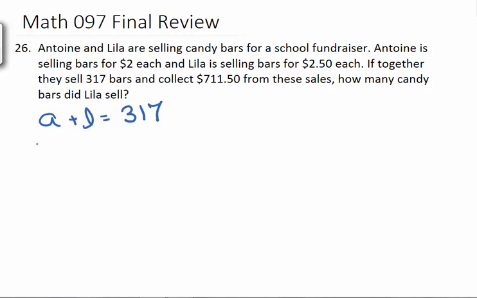The other one comes from the price. So Antoine is selling his for $2 and Lila's selling hers for $2.50. And this should be equal to the total amount that we got, $711.50.